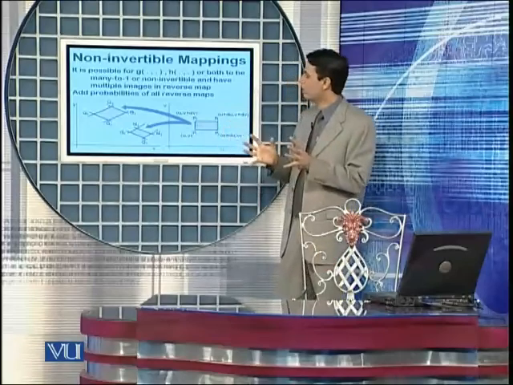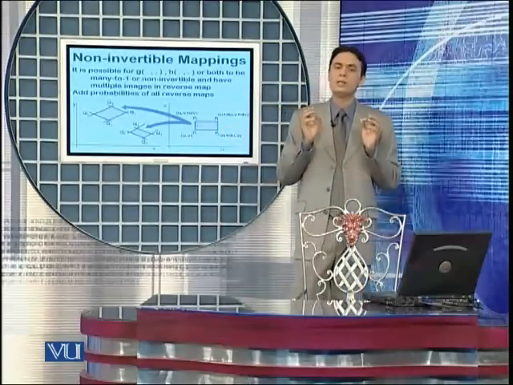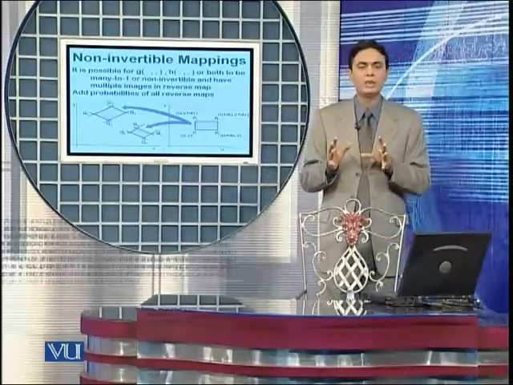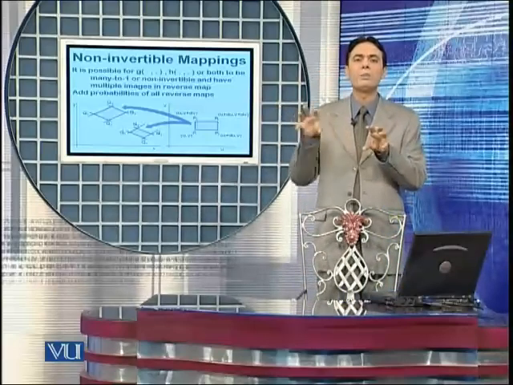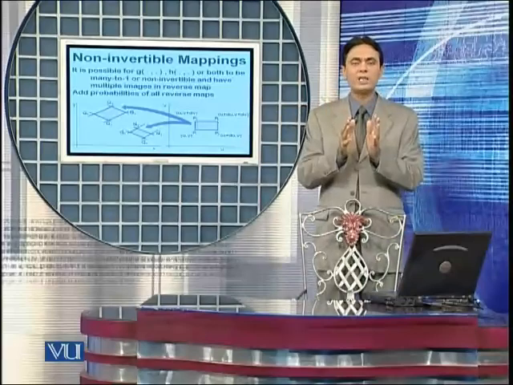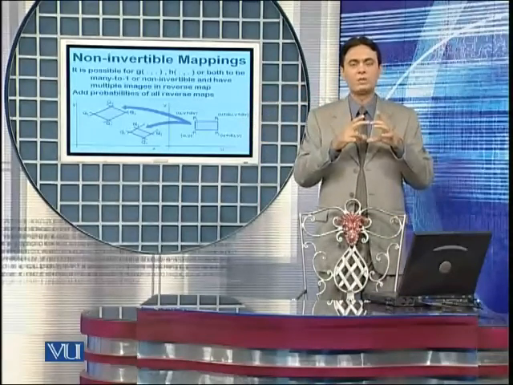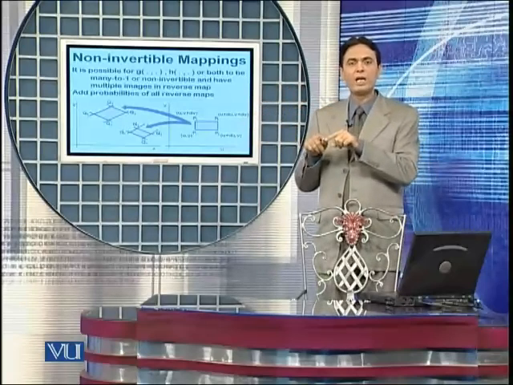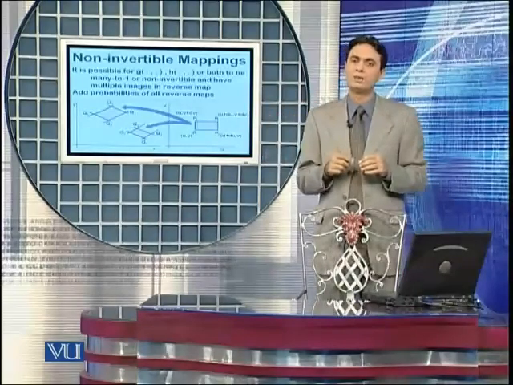And when you combine all these things together, you will have an expression for the joint PDF of U and V in terms of the joint PDF of X and Y. But this expression will have many components, and each component will represent the inverse mapping of this rectangular region on the XY plane, the parallelogram, and the Jacobian which is applicable to that inverse mapping.